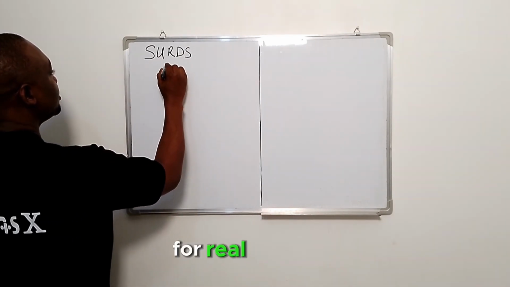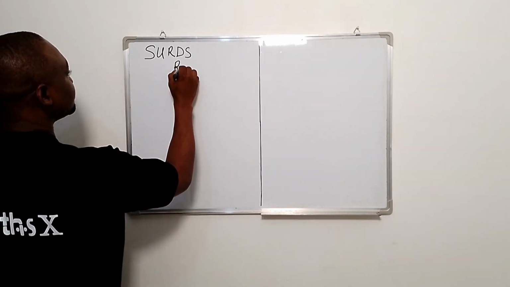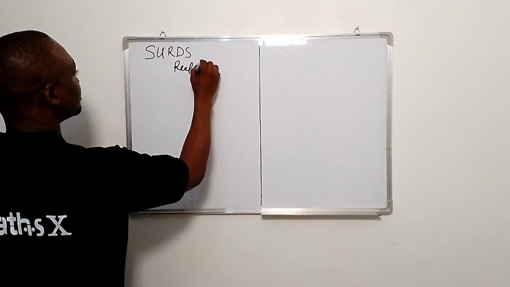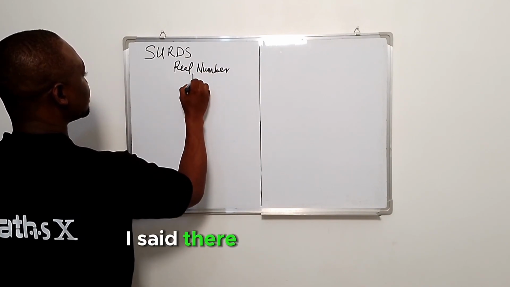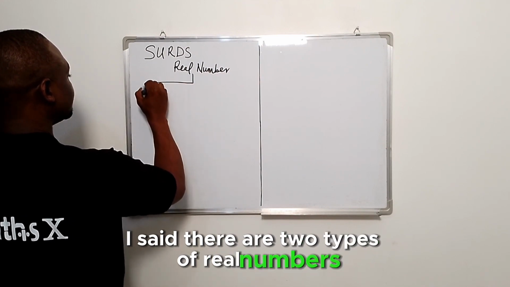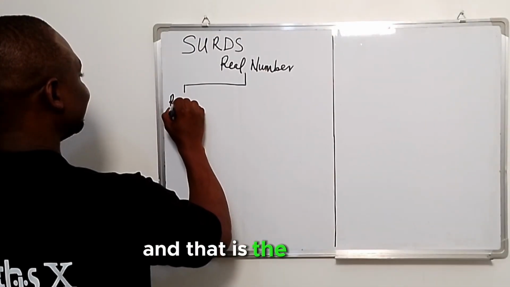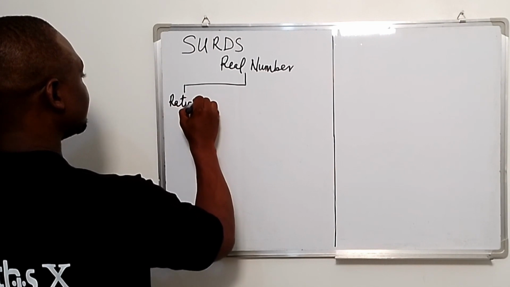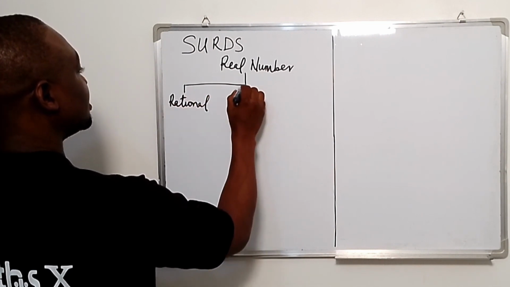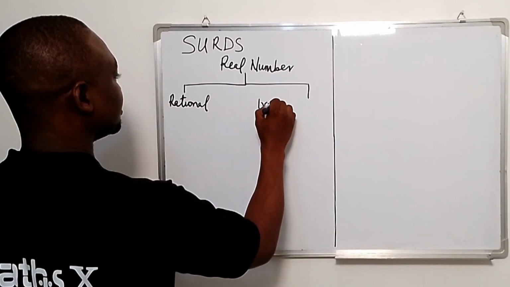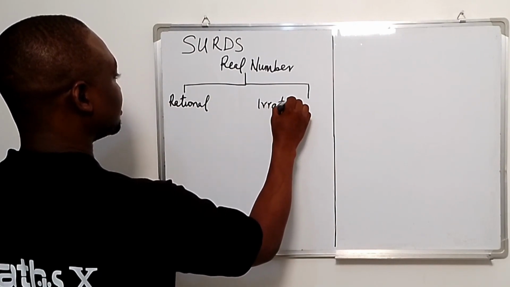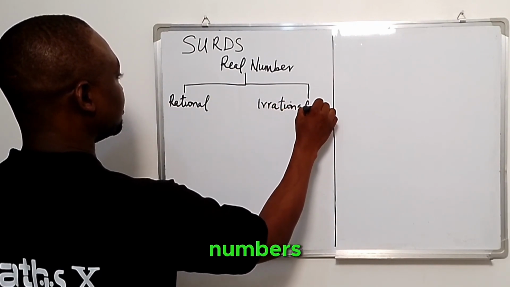So for real numbers, I said there are two types of real numbers, and that is the rational and the irrational numbers.